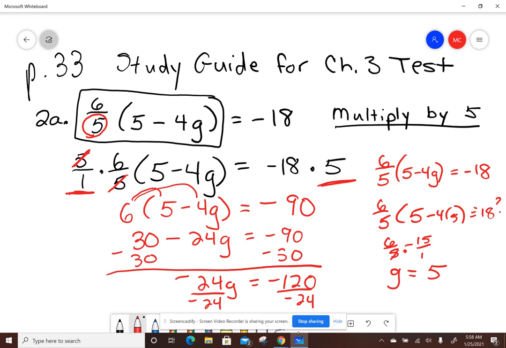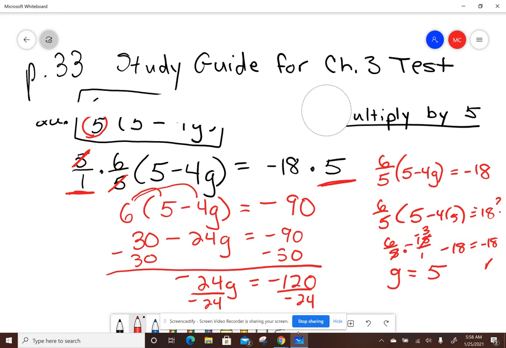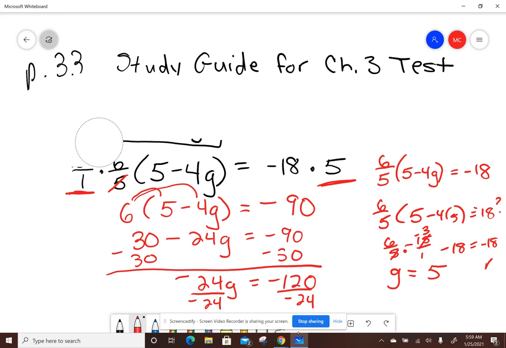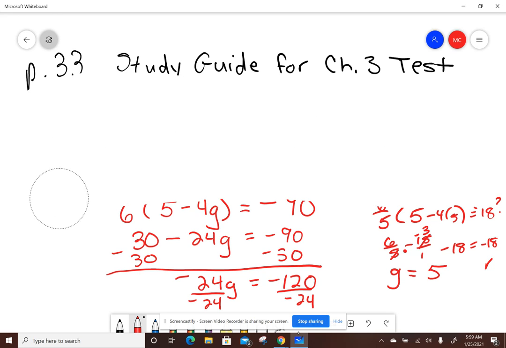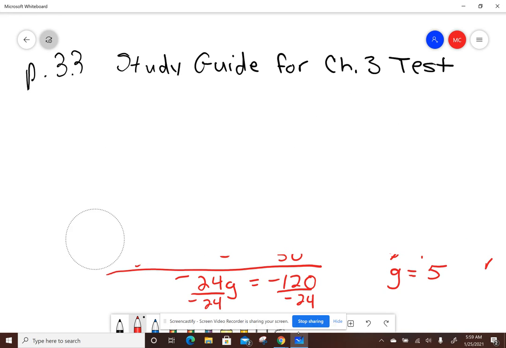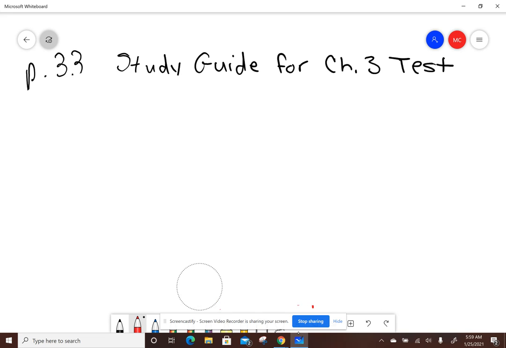When I multiply that by 6/5, that becomes negative 3. 6 times negative 3 is negative 18, and that's a negative 18. So I know my answer is correct. Okay? So in this particular case, we had a fraction, and we got rid of the fraction by multiplying by the common denominator. Now we're going to look at the next one.